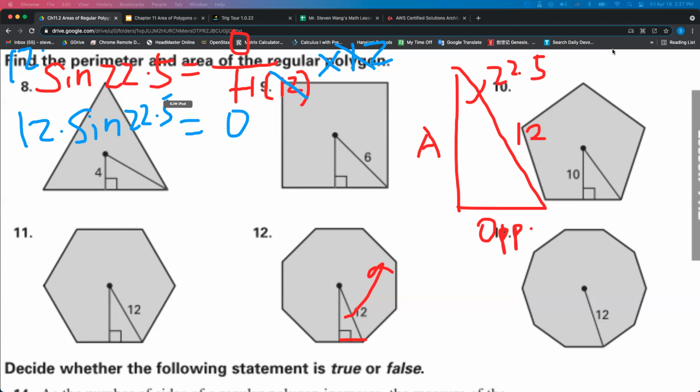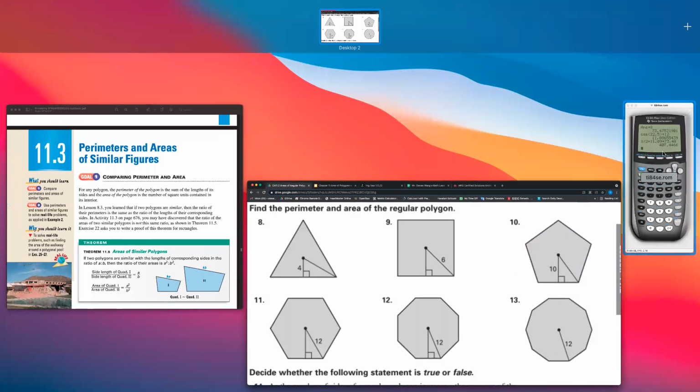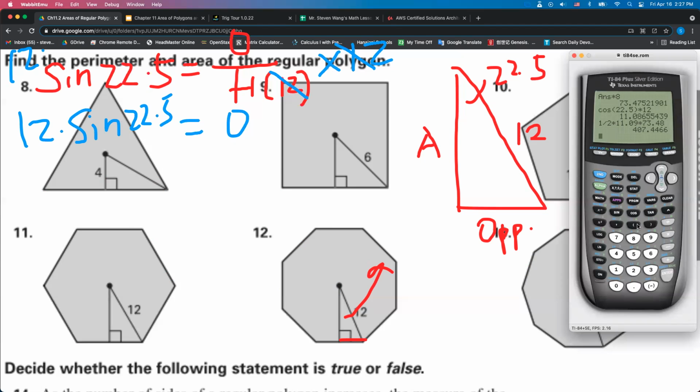Now I'm going to use my calculator: 12 times sine of 22.5 in parentheses equals 4.59. So the opposite equals 4.59. Like I said, that's only half of the side. If you want the whole side of the octagon, I need to multiply by 2.